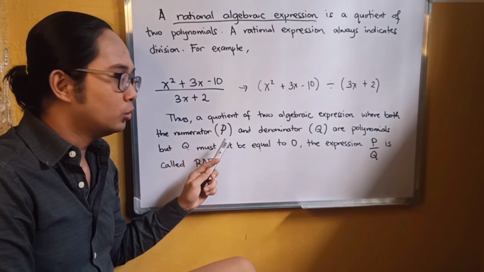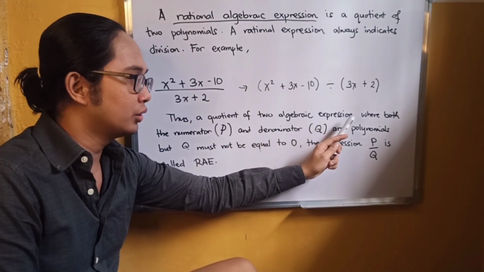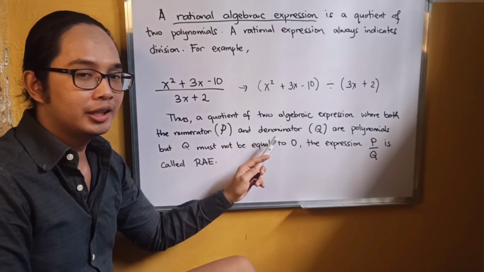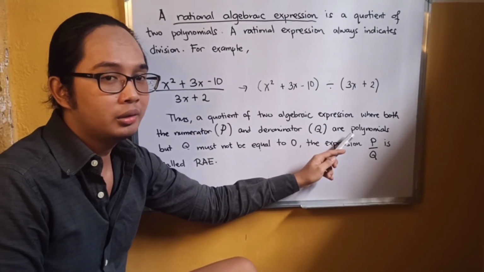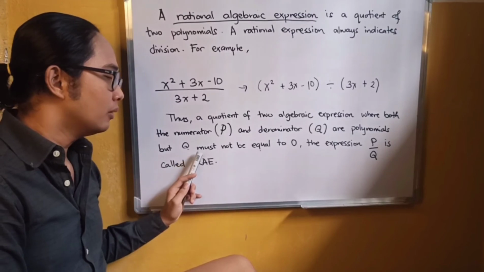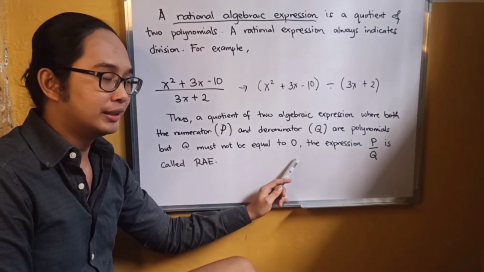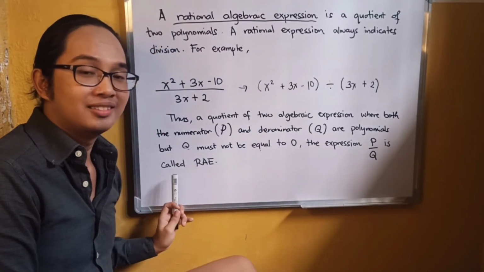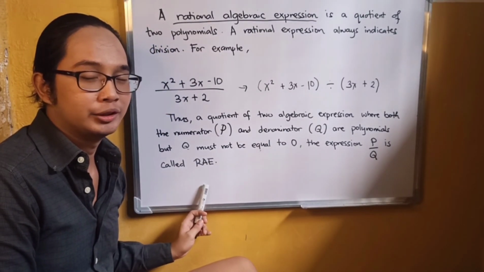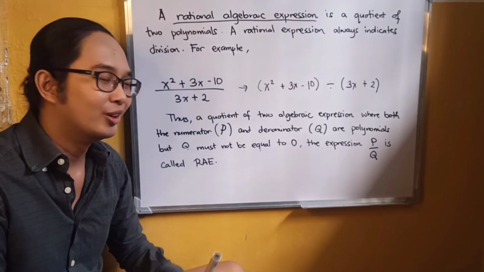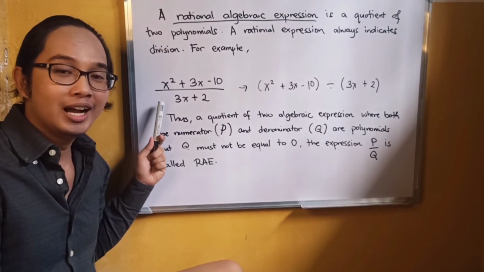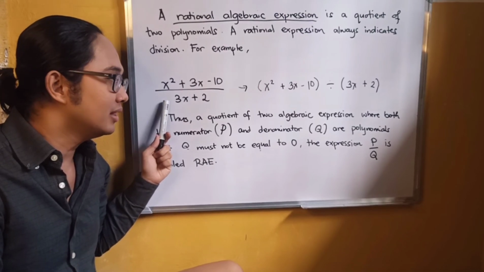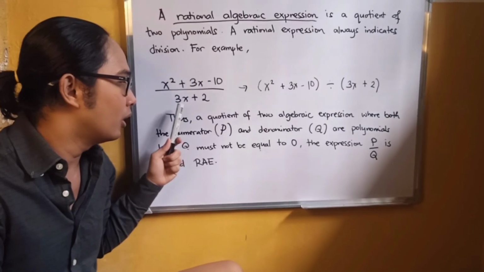Thus, a quotient of two algebraic expressions where both numerator p and the denominator q are polynomials, but q must not be equal to 0. The expression p over q is called rational algebraic expression. So, ito ang ating key points dito. Yung ating numerator at denominator ay parehas polynomial. And at the same time, ang denominator ay bawal mag-0.